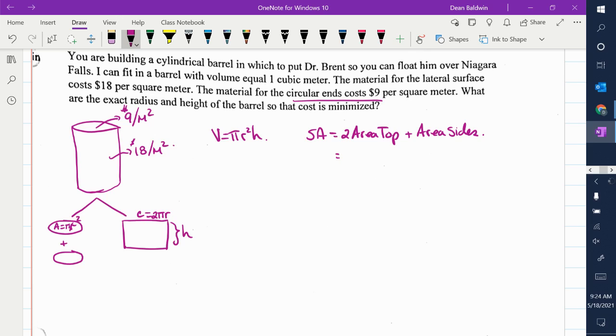The area of the top is pi r squared, because it's a circle, and there's 2 of them. So that'll be 2 pi r squared plus, exactly. So this rectangle, which is the side, area of a rectangle is the length times the width, or the circumference times the height in this case. So it's 2 pi r times h. And that is the surface area formula for a can, a cylindrical can.